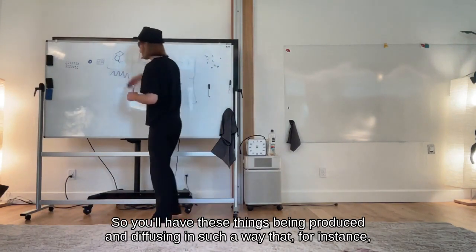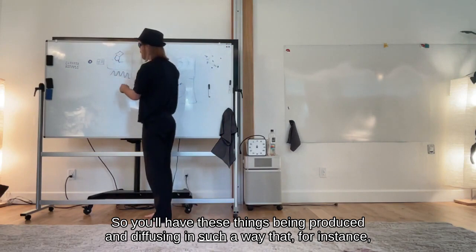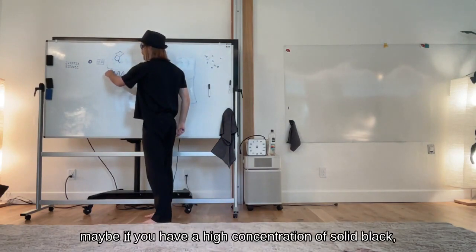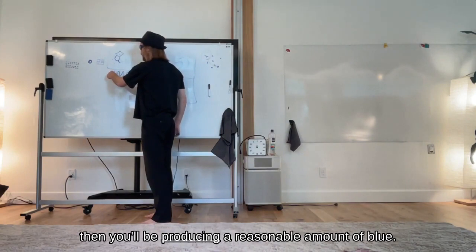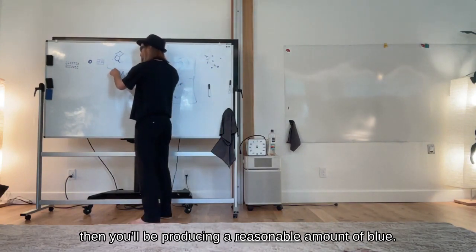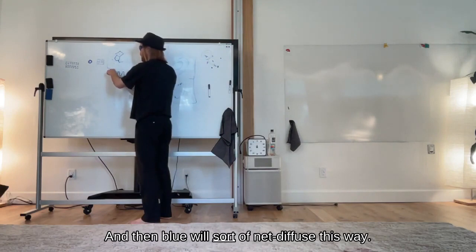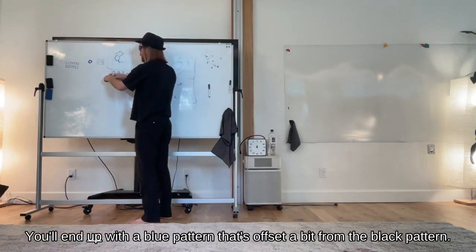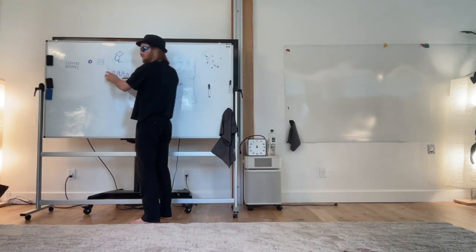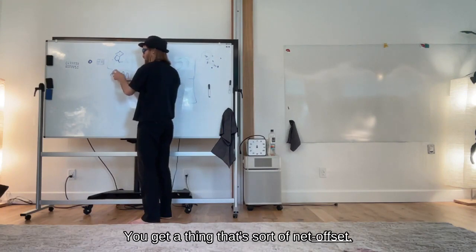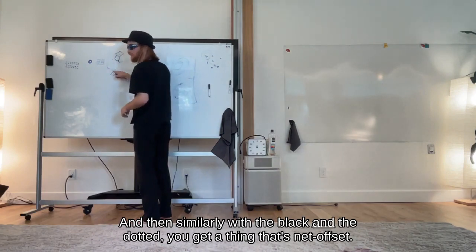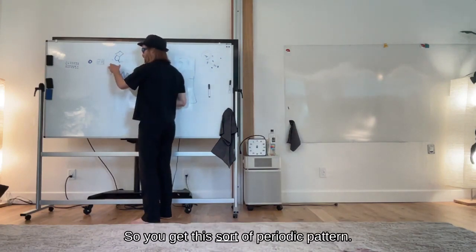So you'll have these things being produced and diffusing in such a way that, for instance, if you have a high concentration of solid black, then you'll be producing a reasonable amount of blue, and then blue will net diffuse this way. You'll end up with a blue pattern that's offset a bit from the black pattern. And then similarly, same thing again with the dotted black versus the blue. You get a thing that's net offset. And then similarly with the black and the dotted. So you get this sort of periodic pattern.